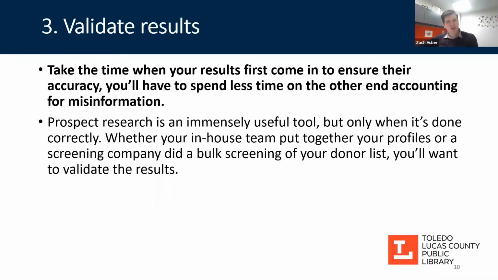If you have a good idea of how old someone is and you're looking at a record that's 20 years younger, then you probably have the wrong person. If you have a good idea where they live and it doesn't really make sense, you need to keep aware of the things that you already know so that you're not pulling the wrong data in. So you want to take that time to validate your results.